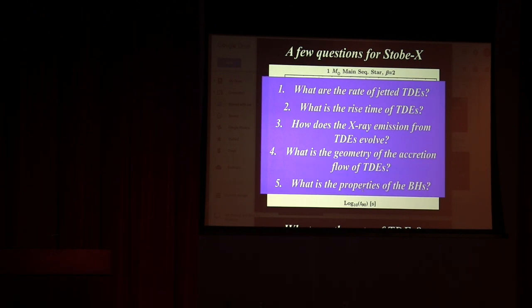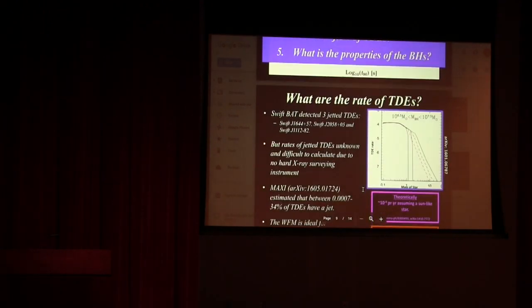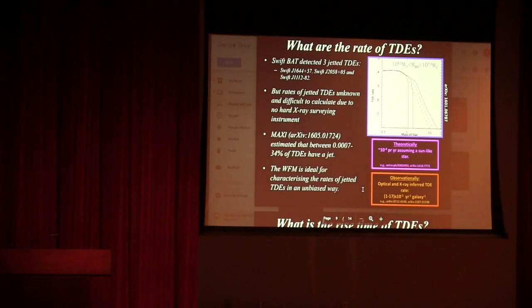That's currently one of the biggest issues in TDs, not being able to observe them sufficiently to see how they evolve. And of course, what is the geometry of the accretion flow, and what are the properties of the black holes themselves?